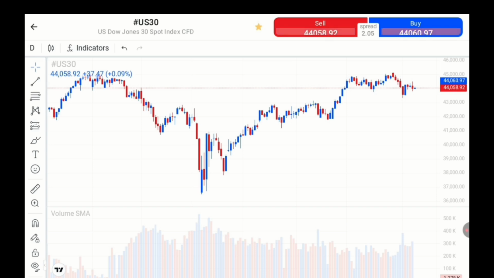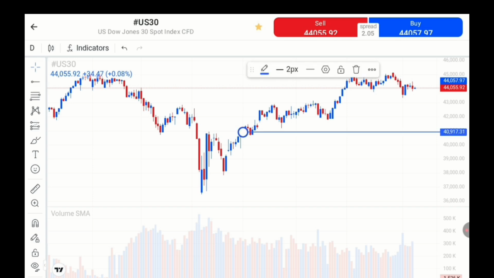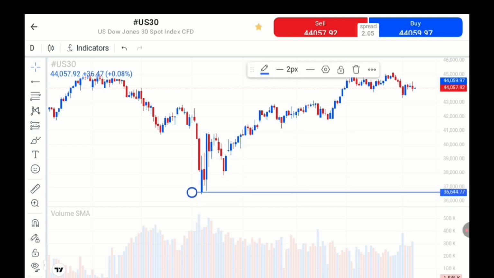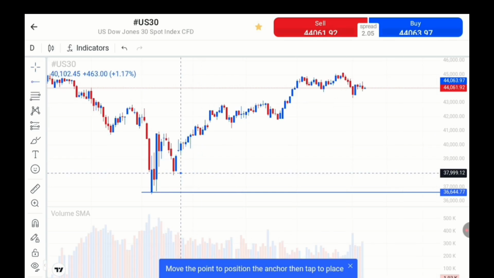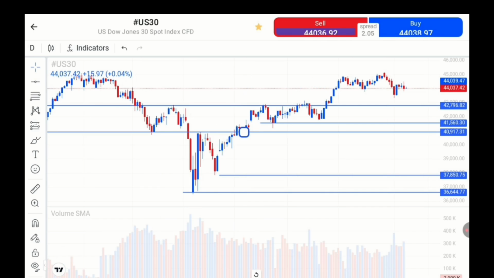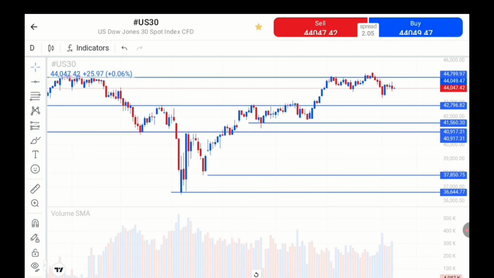Anyways, as you can see, we are on an uptrend. You can place your trend line if you want to. However, I don't have to. I can clearly see that I'm on an uptrend, but don't mess up anyway for no reason. This is a support, and these are all your support levels, meaning that as the price reaches any of these points or levels, you may start looking out for buying opportunities.